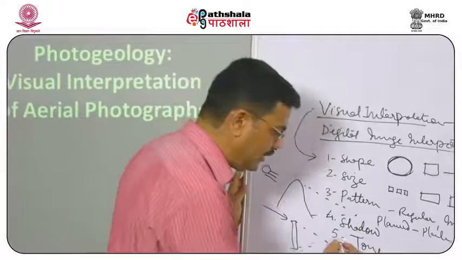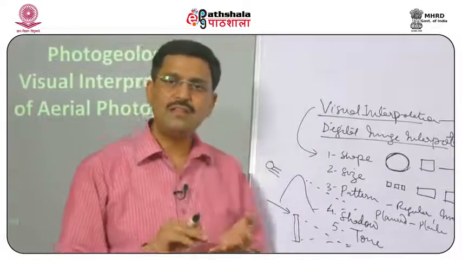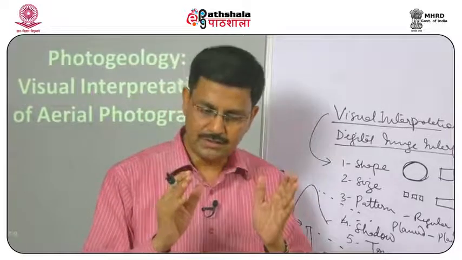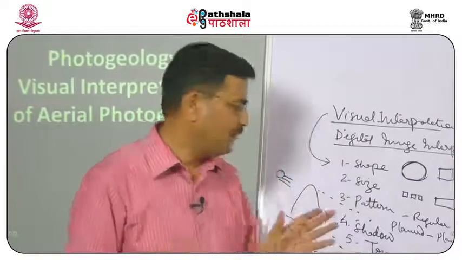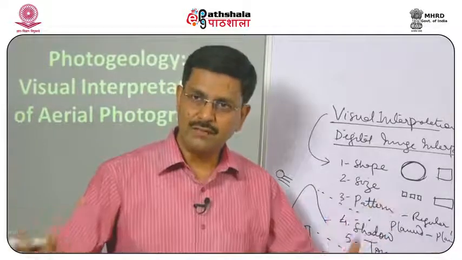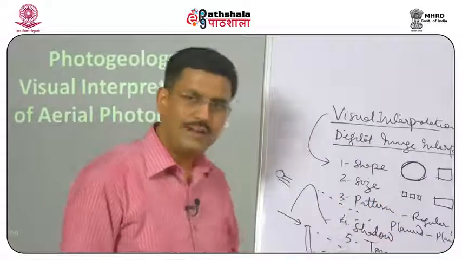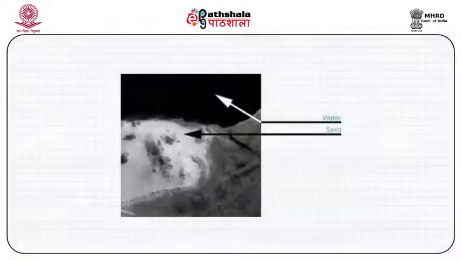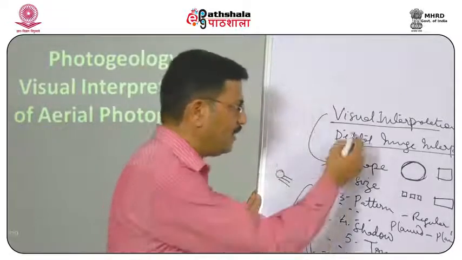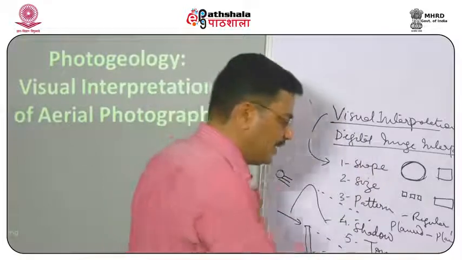So, tone also helps in identifying various geological and geomorphological features. A river will give you a dark tone, and if it is a river bed or a floodplain, it will have a lighter tone, because on those floodplains and river beds there is sand and silt deposition. So, tone is also a very important visual interpretation key.